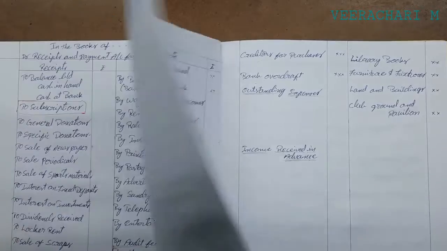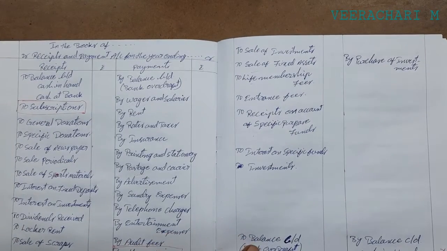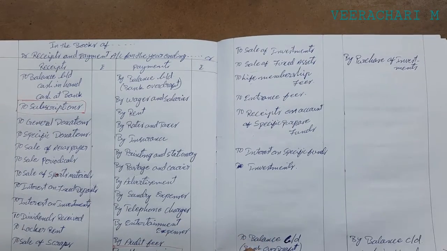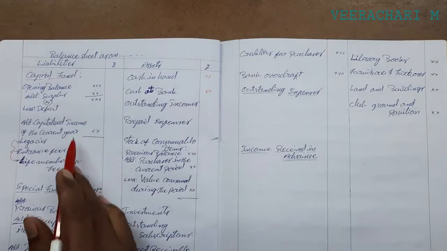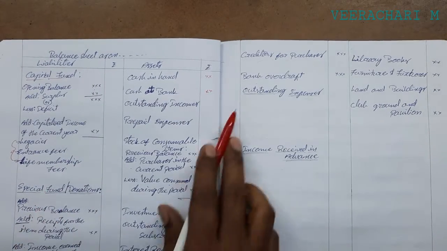But if the bank has a credit balance, we write it on the debit side as by balance carried down, and this amount we write under the liability side as bank overdraft.